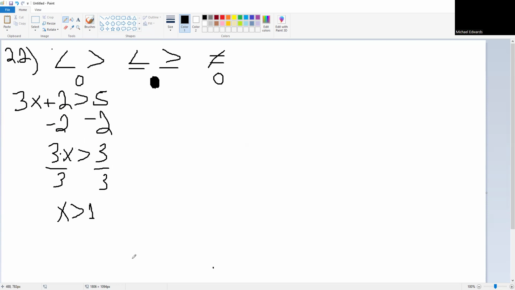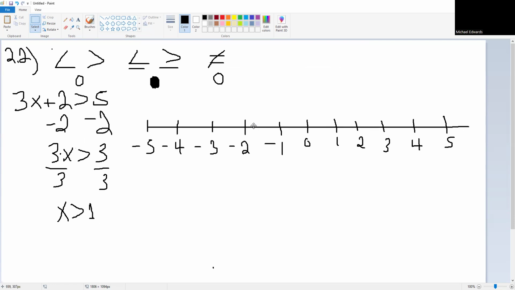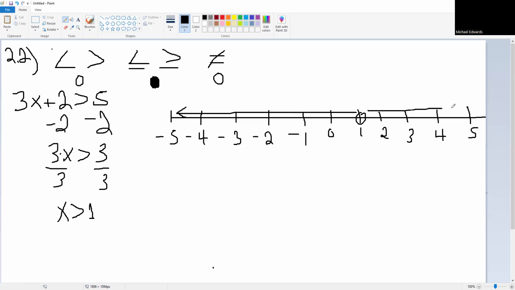So now we need to graph the critical number, which is just right here. If we're graphing that critical number, we see it's 1, we just draw that. And it goes out this way and out this way.